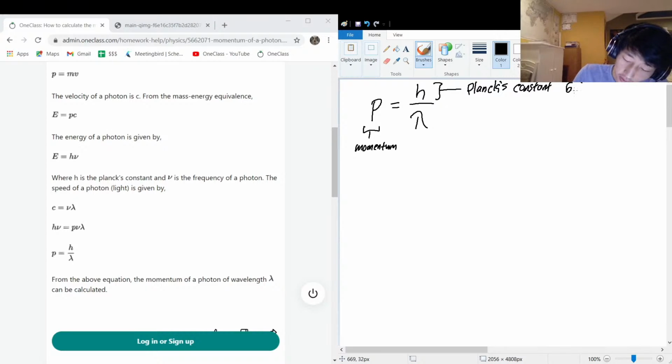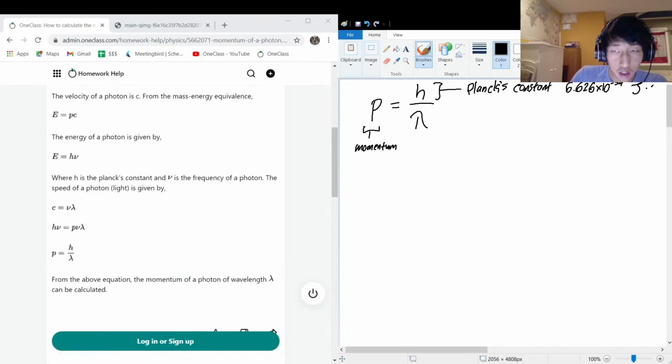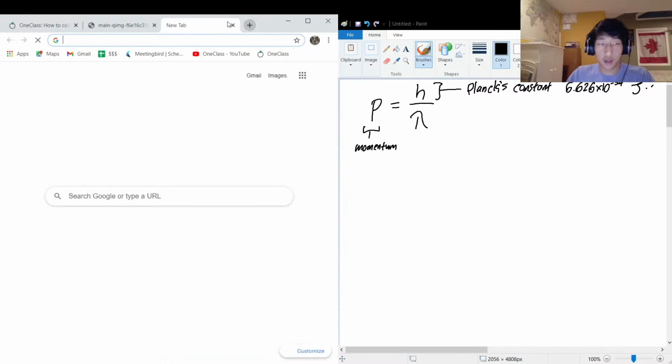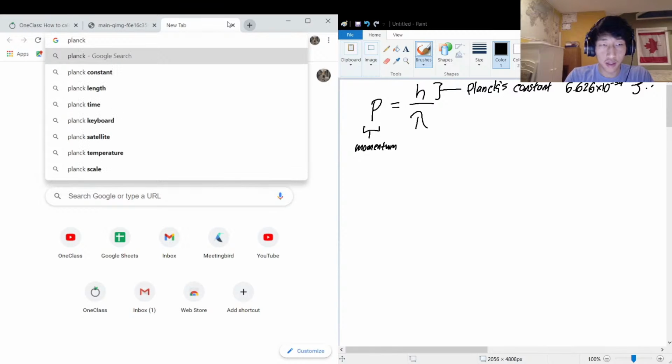which is 6.626 times 10 to the negative 34 joule, I think it's joule seconds. I'm going to search that up real quick. What's Planck's constant? Planck constant.